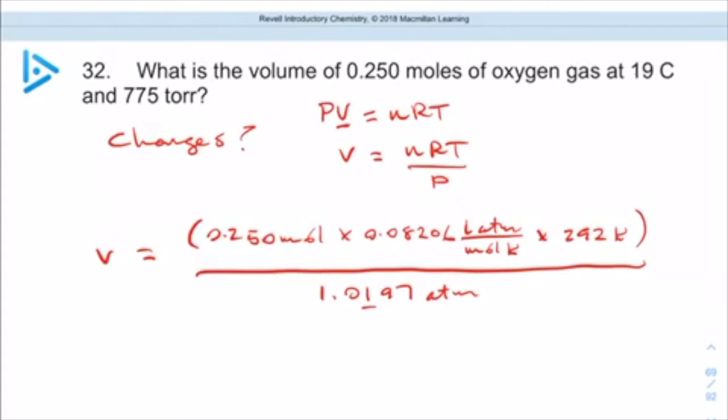Right, I have 3 sig figs in my moles, 3 sig figs in my temperature, and 3 sig figs in my atmospheres. So my final answer is going to be 3 sig figs equaling 5.88 liters.